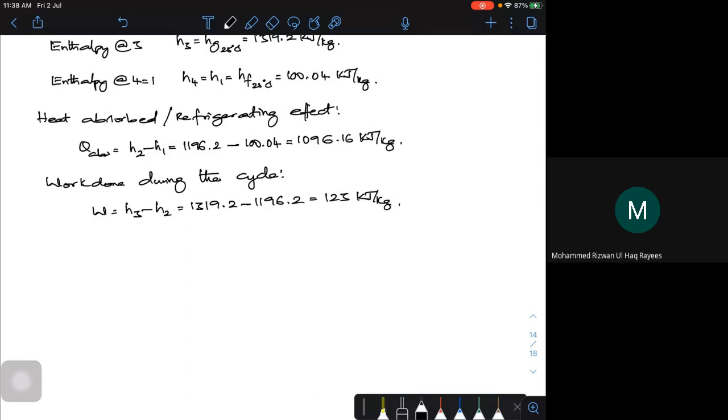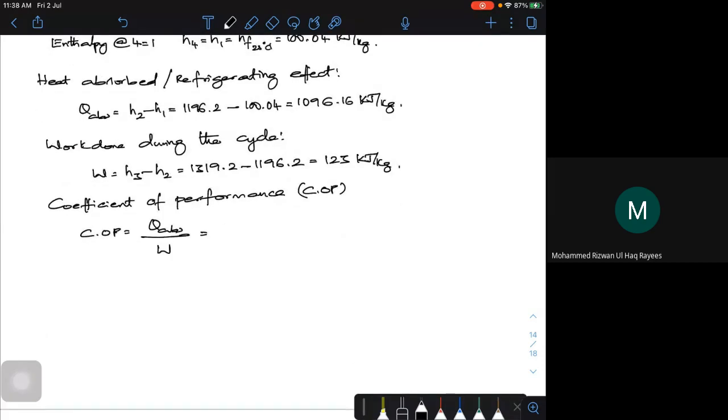So coefficient of performance, or COP, is equal to heat absorbed by work done. That is 1096.16 divided by 123. I am getting around 8.91. So this is theoretical.